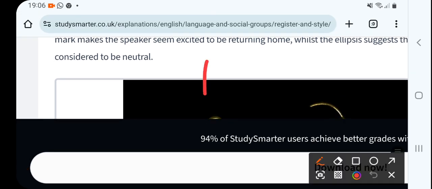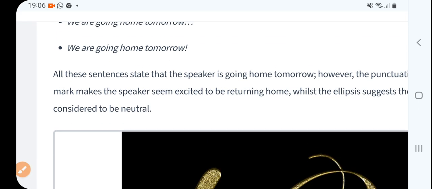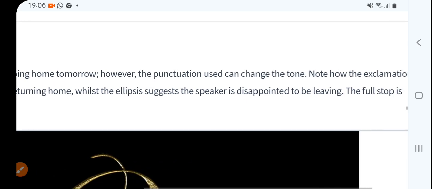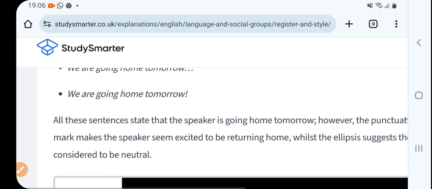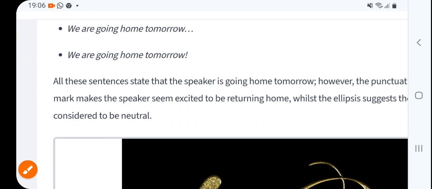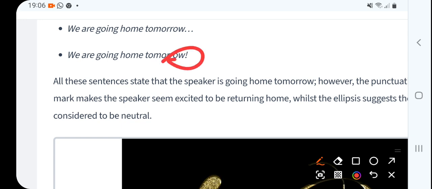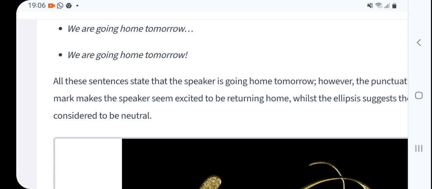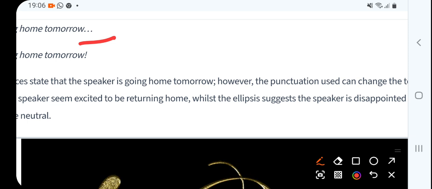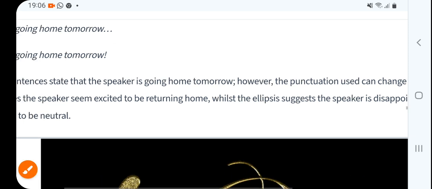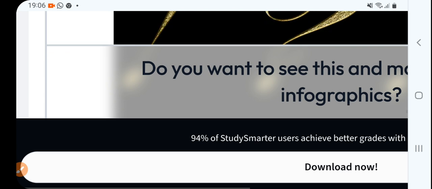So in this order: the exclamation changes the tone and makes the speaker excited, because we are going home, so that shows excitement. Then the ellipsis, three dots, suggests the speaker's disappointment. And then the simple dot is neutral, right? So that is there.